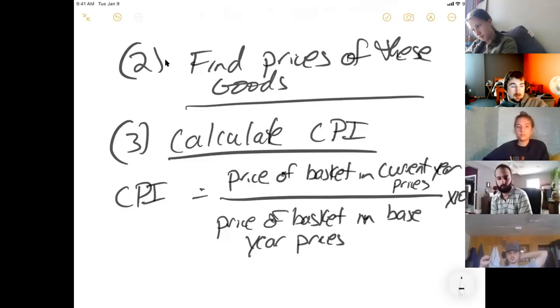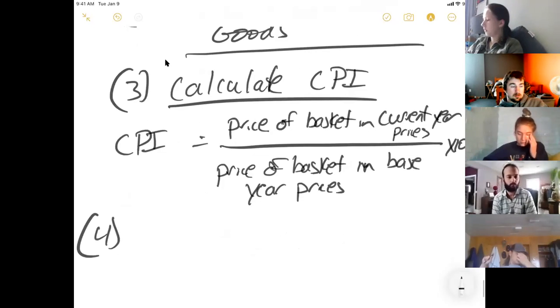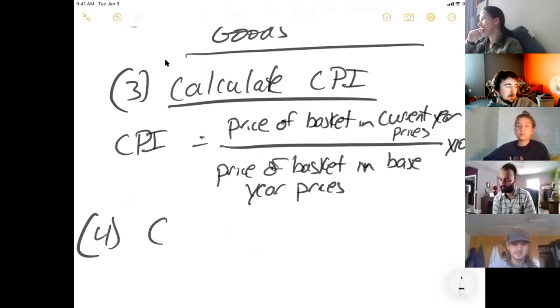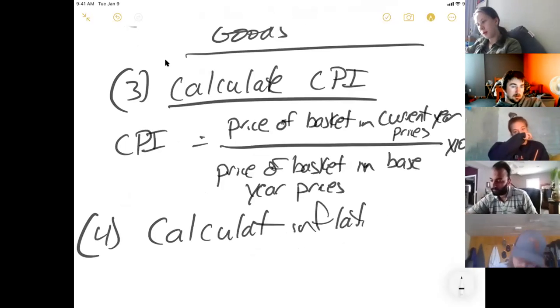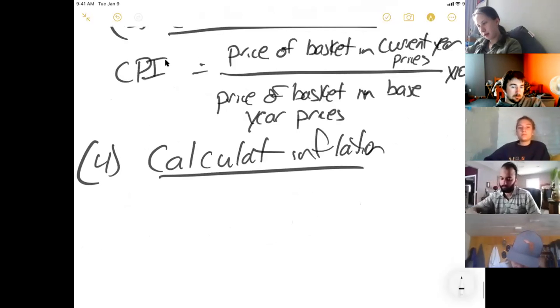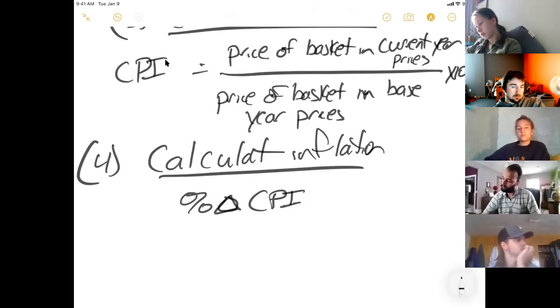The main difference is we're just looking at a different set of goods. And then the final part is we calculate inflation, where we take the percentage change in the CPI. You calculate the percent change in the CPI.